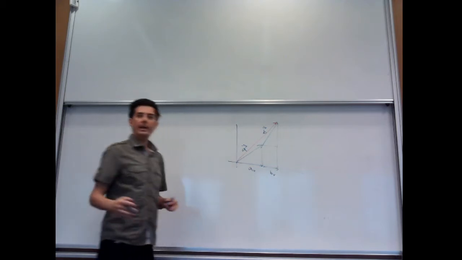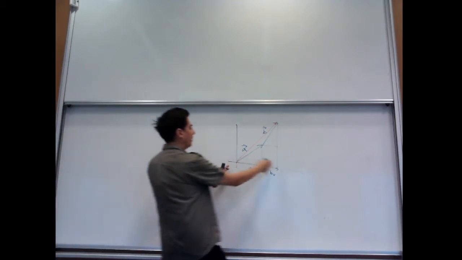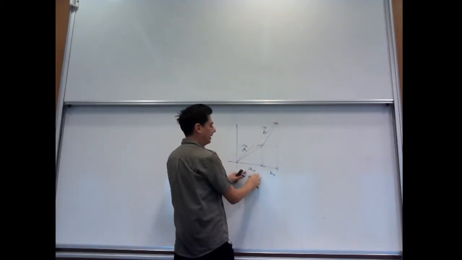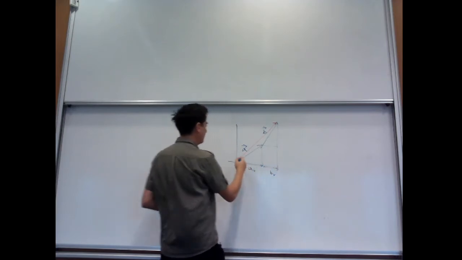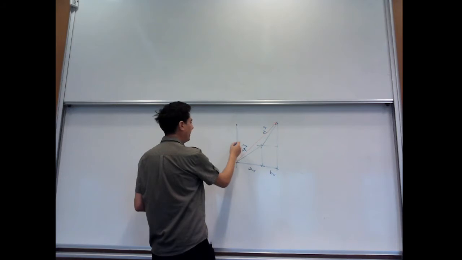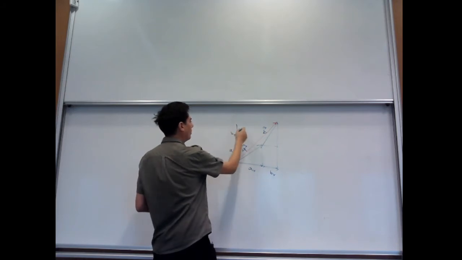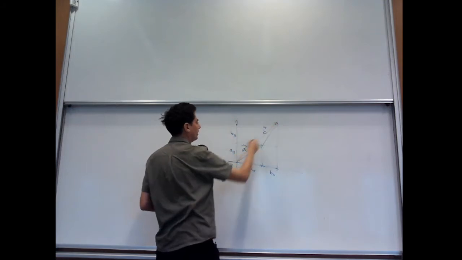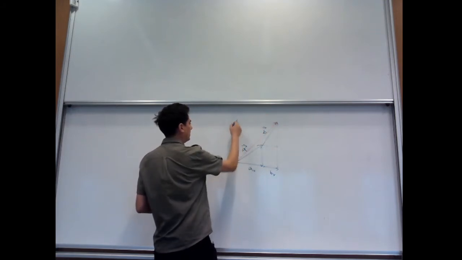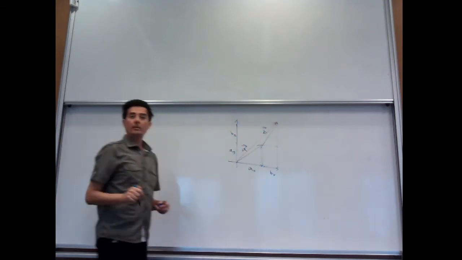So when you add them, the x component of the whole vector is just ax plus bx, right? Because you just add this part and this part together. And likewise with ay and by, the y coordinate of the resulting vector here is just the sum of the y components.